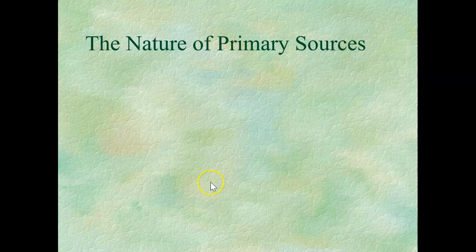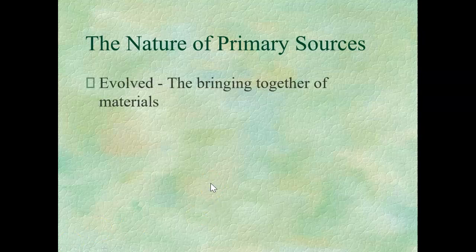So we'll begin here, first of all, by noticing that one needs to understand that primary sources that were written during this period evolved. That is, there's not really a time when a person just sits down and picks up a piece of papyri and some kind of writing instrument and just starts composing.